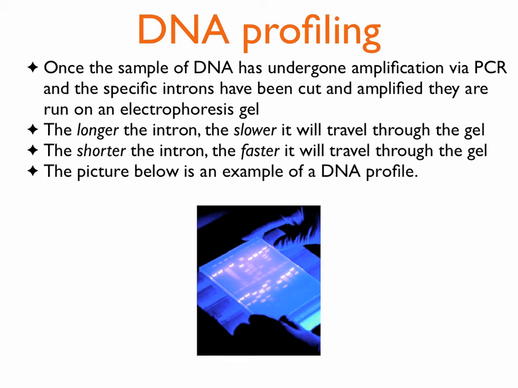If this was the DNA profile, say, of a mother, and we needed to establish if she had a child, we would then run another gel with the child's banding patterns, and you could place one gel over the top of the other, and if half of the banding patterns matched exactly, you could conclude that this subject was indeed the child of the mother.